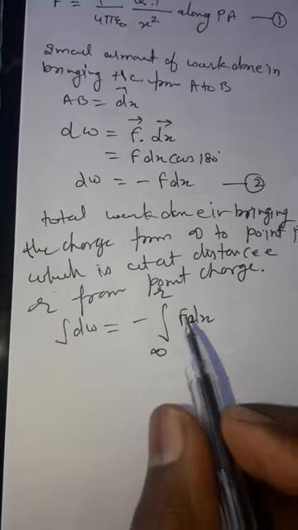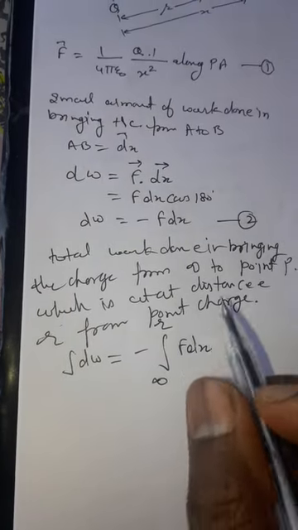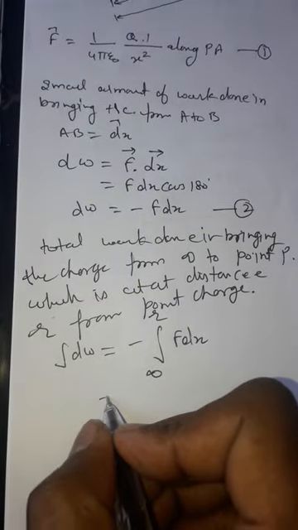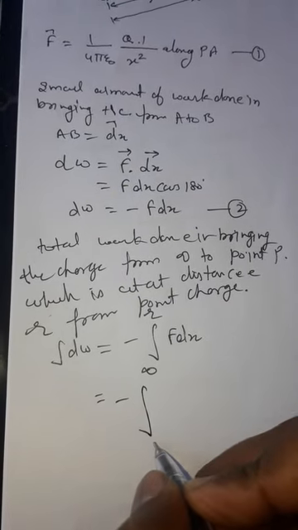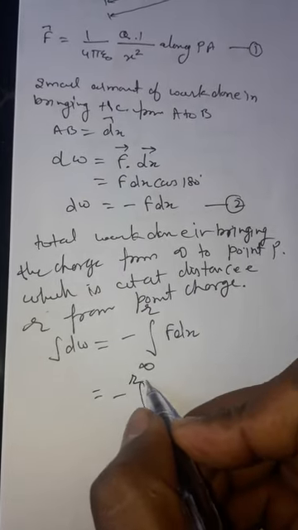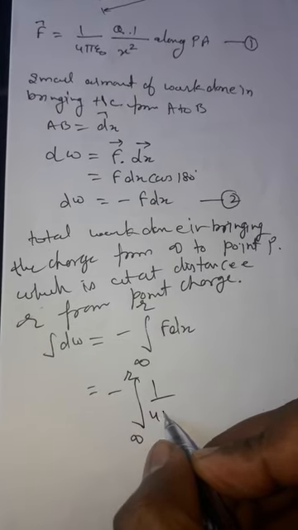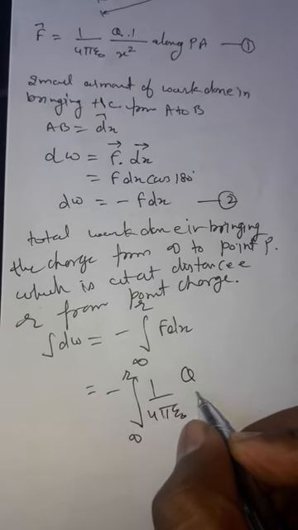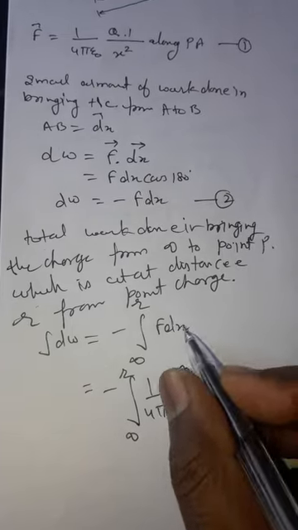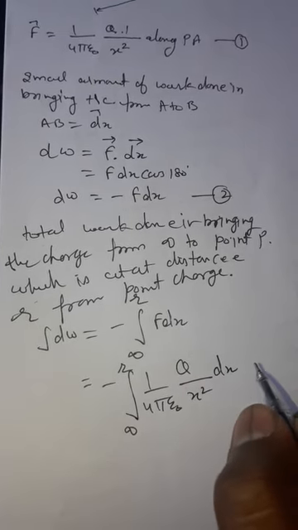Now using the value of force from equation 1, we get this work done equal to minus integration from infinity to r of 1 by 4 pi epsilon naught, q upon x square, into dx.